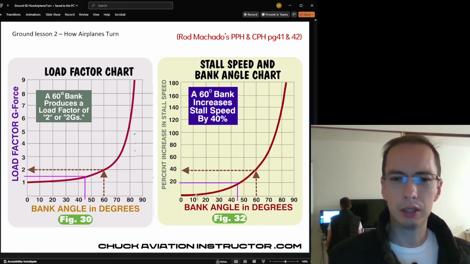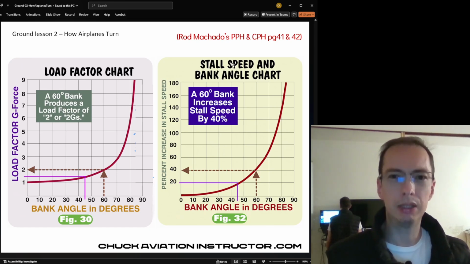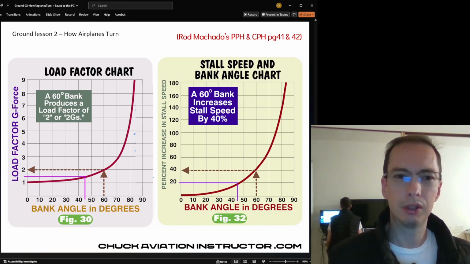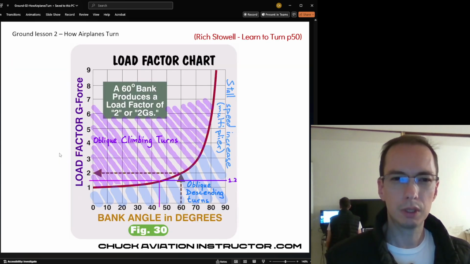And the other chart, once you have used that elevator, shows how much your stall speed increases because you're trying to maintain altitude at that bank angle, and that's why it's the stall speed versus bank angle, but that should be the stall speed versus load factor, which is the product of maintaining altitude at that bank angle.